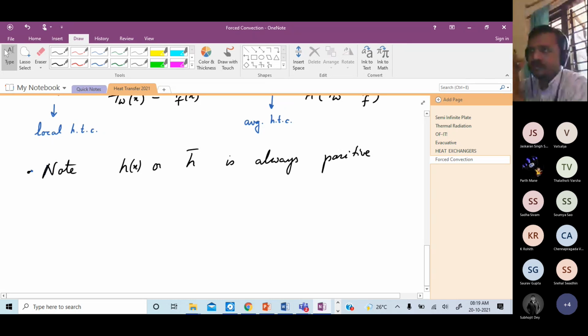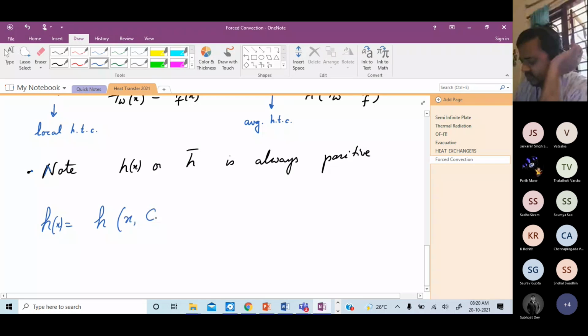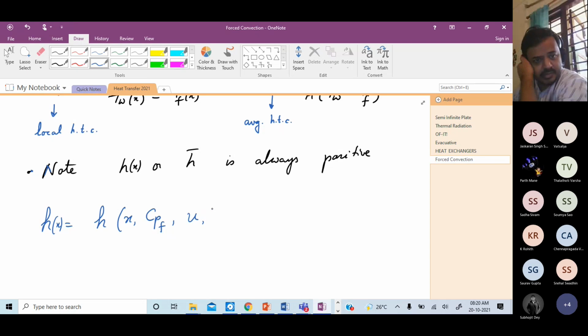Heat capacity. Heat capacity of what? Of the fluid. Okay, so let us write it down. What you're saying is h, let us say h x, is definitely going to be a function of x, and then you're saying Cp of the fluid. Then velocity of the fluid, U. What else?